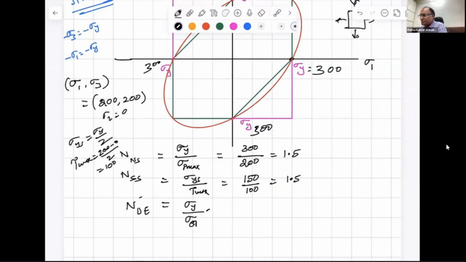That is 1.5. What have you observed? The factor of safety is the same. Now let us take a scenario where the loading is 200 comma 100. Sigma 1 is 200, sigma 3 is 100. What will be the factor of safety according to normal stress theory?